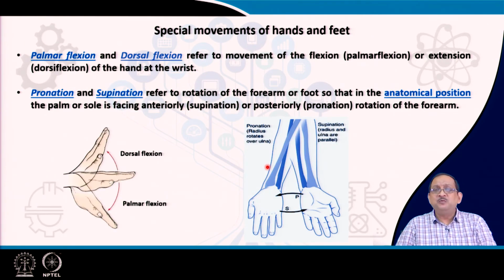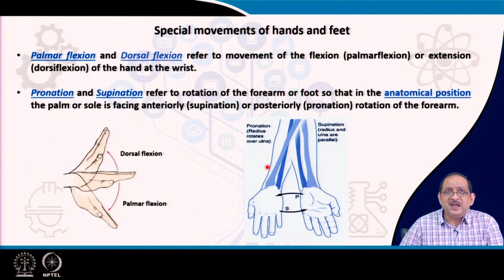There are special movements also of the hands and feet, like the palmar flexion and dorsal flexion of the hand and wrist, pronation and supination in case of the elbow.